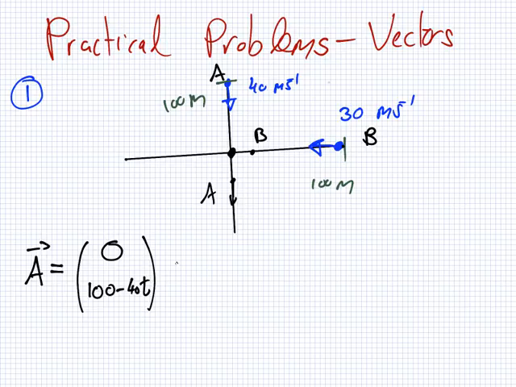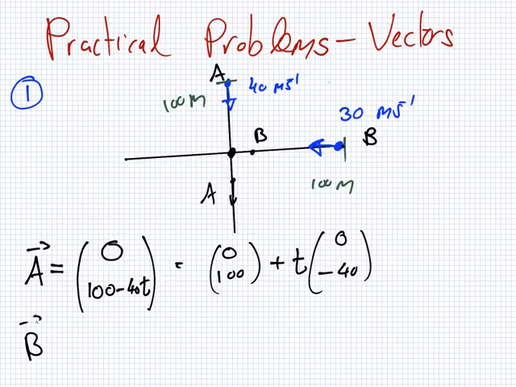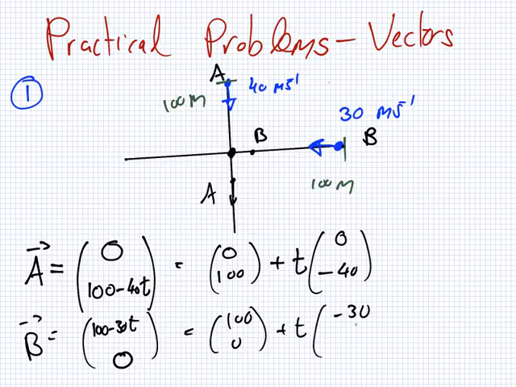So that's equal to (0, 100) plus t times (0, minus 40). Likewise for B, the J part is 0, and the I part is (100, 0) plus t times (minus 30, 0).